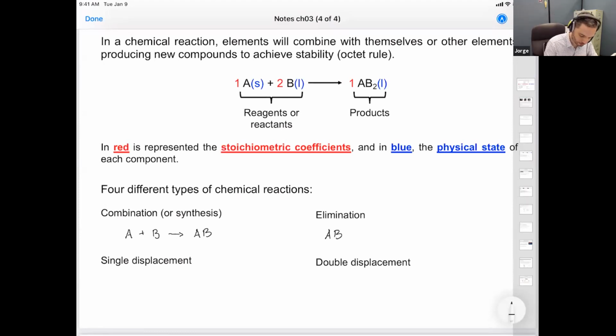For example, compound AB, for some reason that doesn't matter at this point, after the reaction produces the compounds A and B. So for elimination, we start with one reactant and produce two or more products.